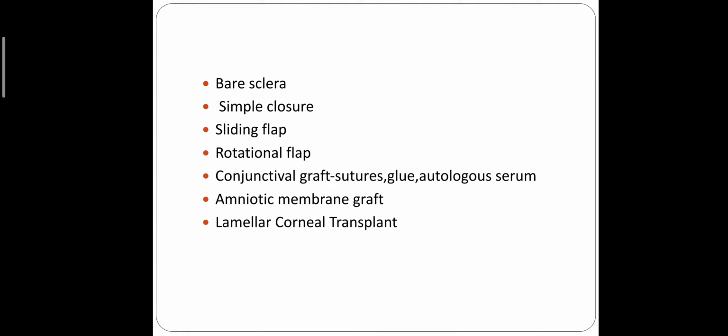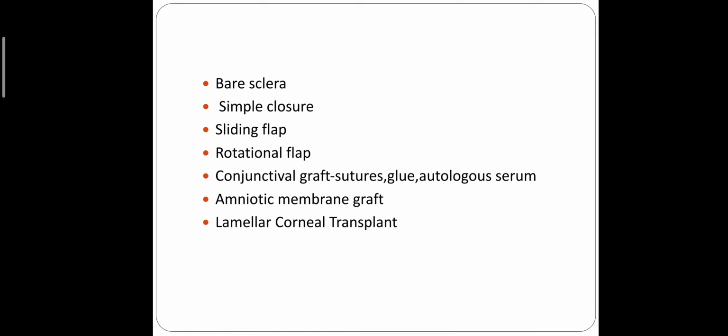And in case of double-headed pterygium, like I told you previously, where it is present on both nasal and temporal sides, where you don't have sufficient conjunctiva to take the graft, you can go ahead with amniotic membrane. This method minimizes the risk of injury to the rest of the conjunctival surface. However, it is costly, as you need to purchase a graft.